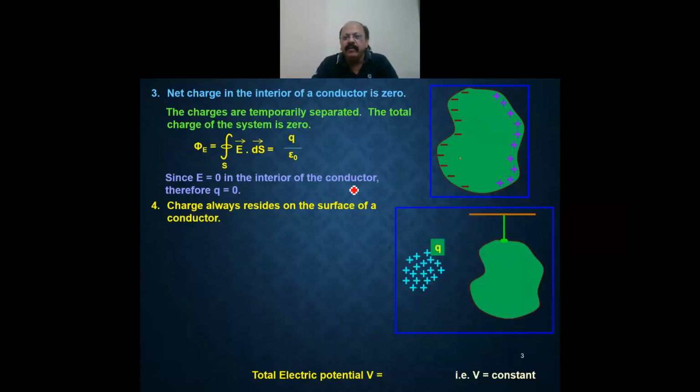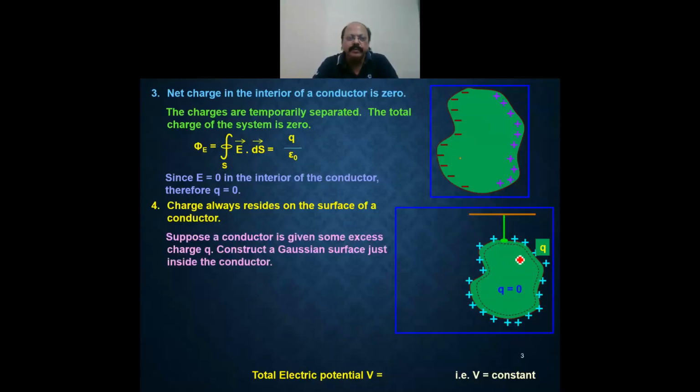Here we are taking a conductor, and this q is the excess charge that we give to it, so it will remain on the surface of the charged conductor since inside the charge is 0. So you see here the charge is distributed uniformly over the surface. Inside the conductor, these dotted lines represent the Gaussian surface, and inside the conductor the charge is 0.